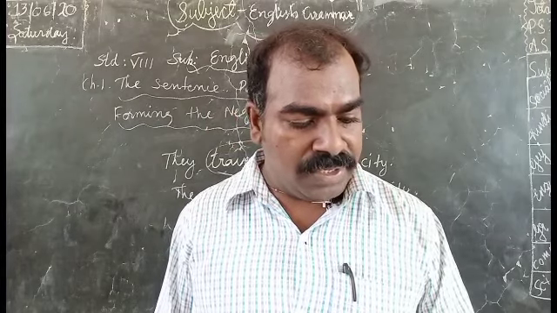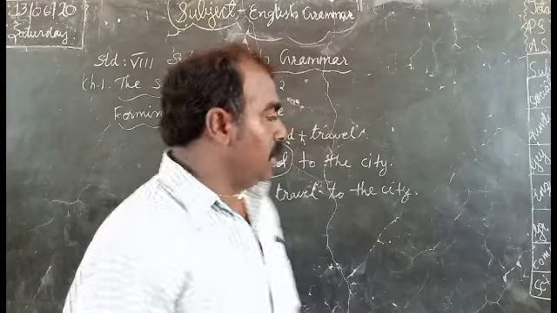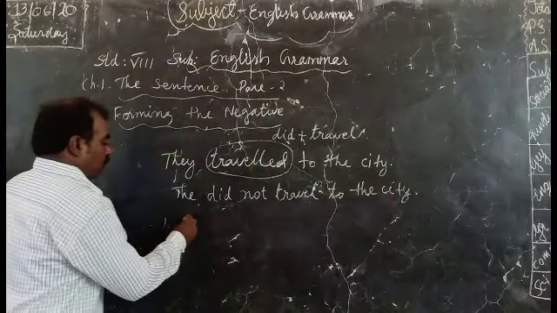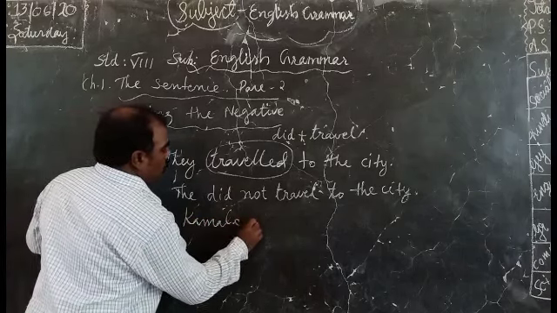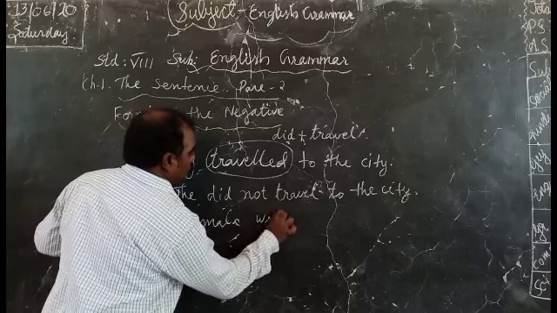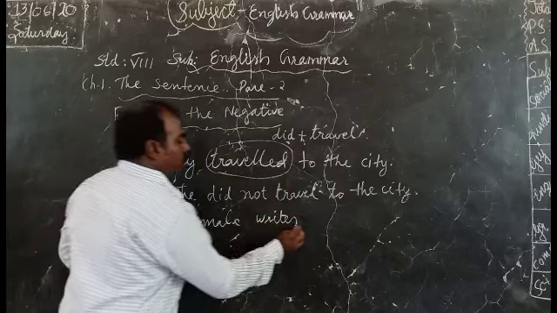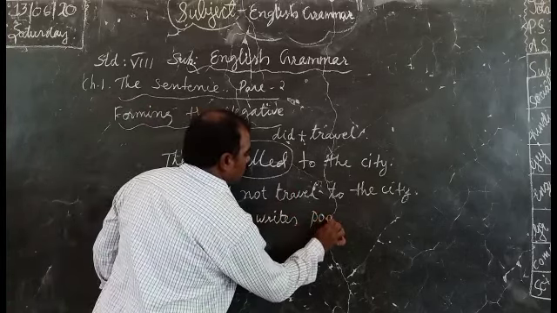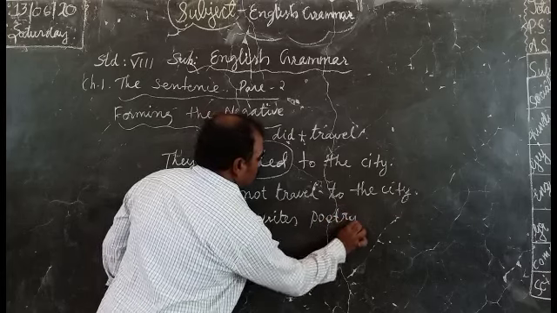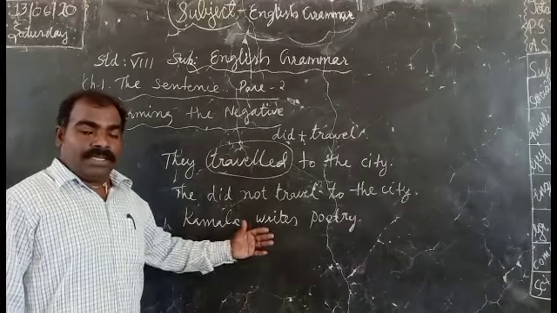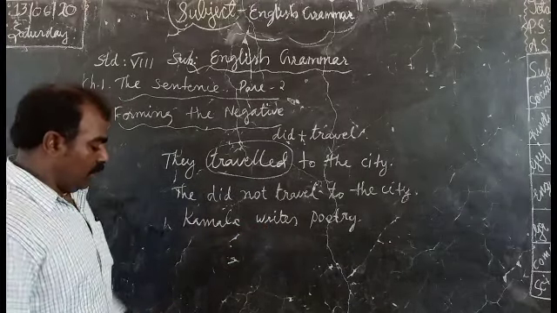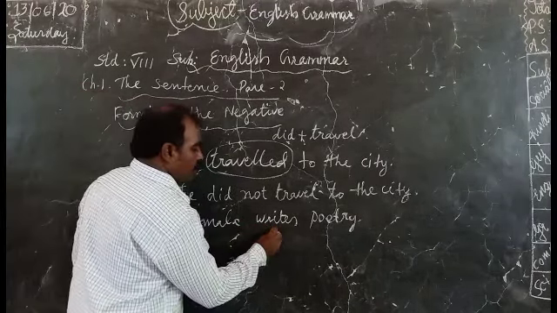Kamala writes poetry. Let's see one more example. Here also we don't have an auxiliary verb, but we can create one.